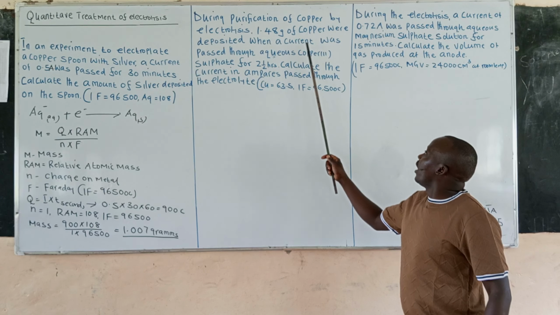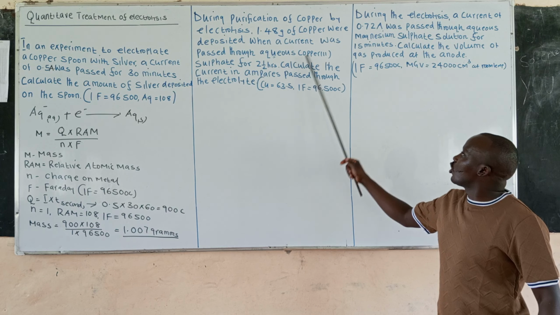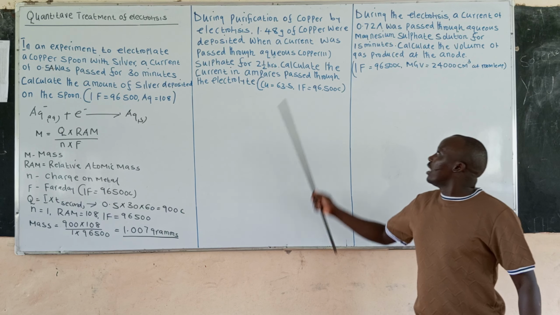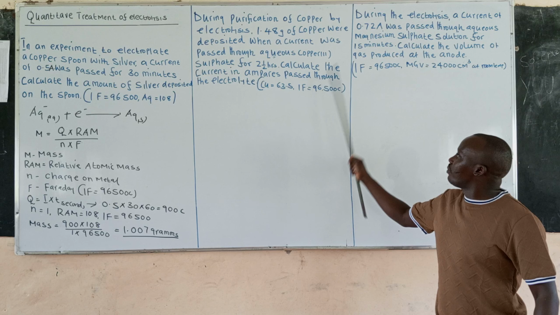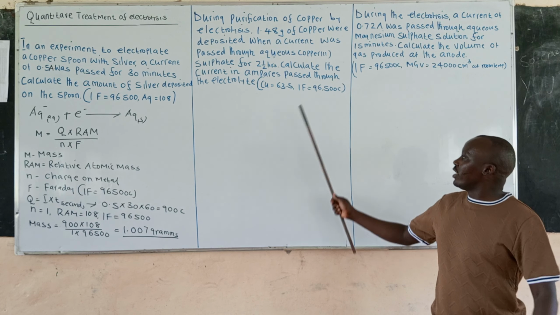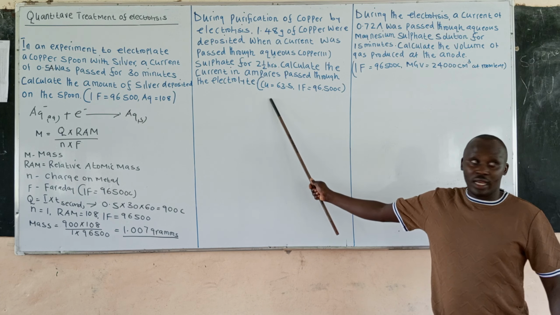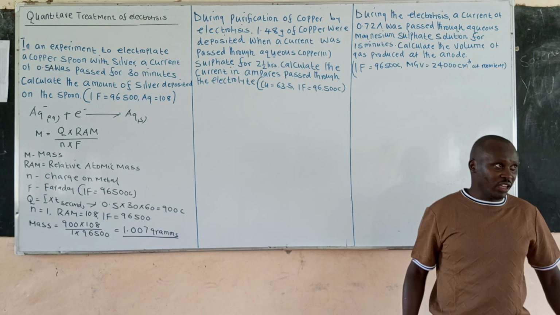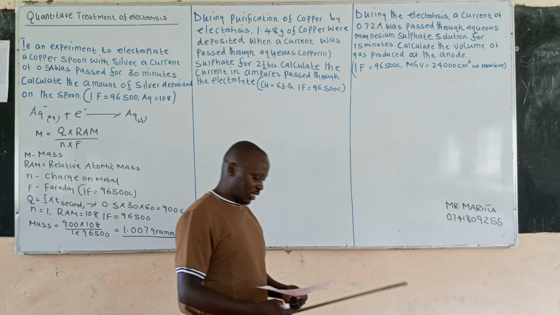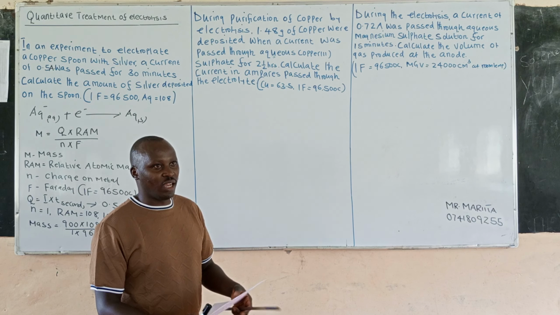Calculate the current that has passed through the electrolyte, given that the RAM of copper is 63.5, and 1 Faraday constant is equivalent to 96,500.